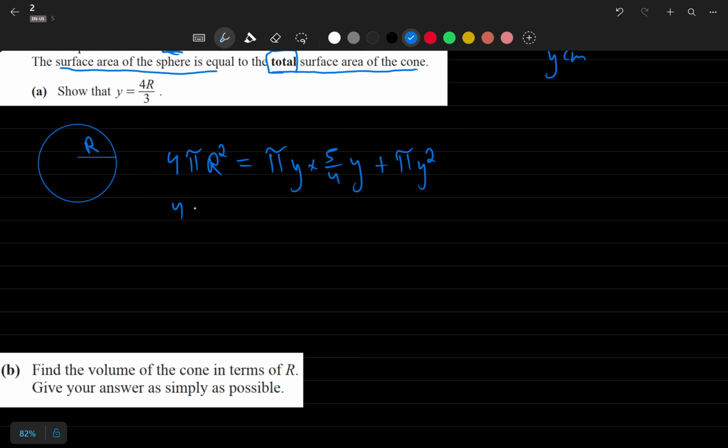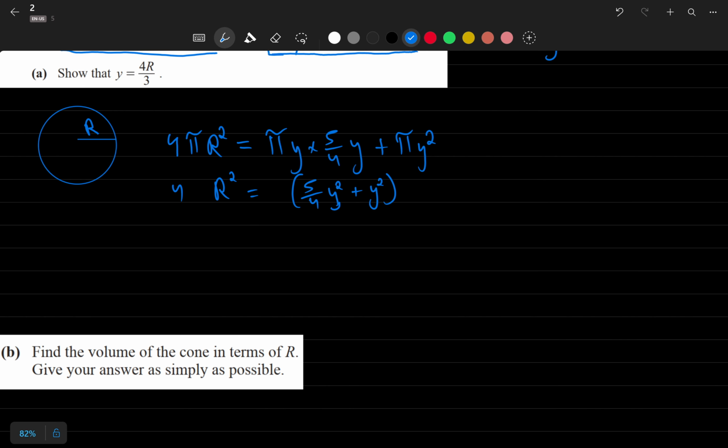Now simplify these quantities. 4 pi r square is equal to, let's take pi as common, so y multiplied by y is equal to y square. 5 by 4 y square plus y square. Now you can cancel out pi from both sides.